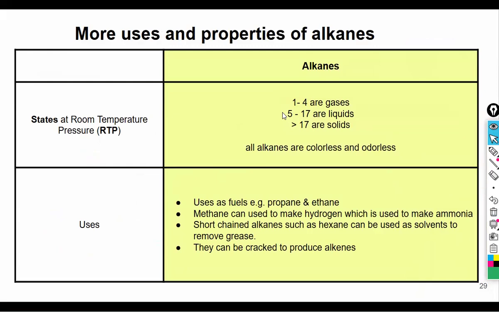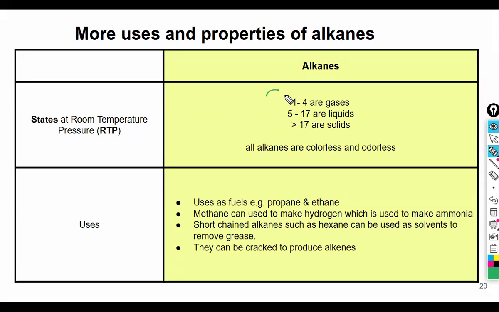Now, here's the thing. Not all alkanes are gases. Remember, I just said that you can find alkanes in your kitchen as a cooking gas. Some alkanes are gases, obviously. Some are liquids and some are solids. Now, anytime an alkane has 1 to 4, these values here represent carbons.